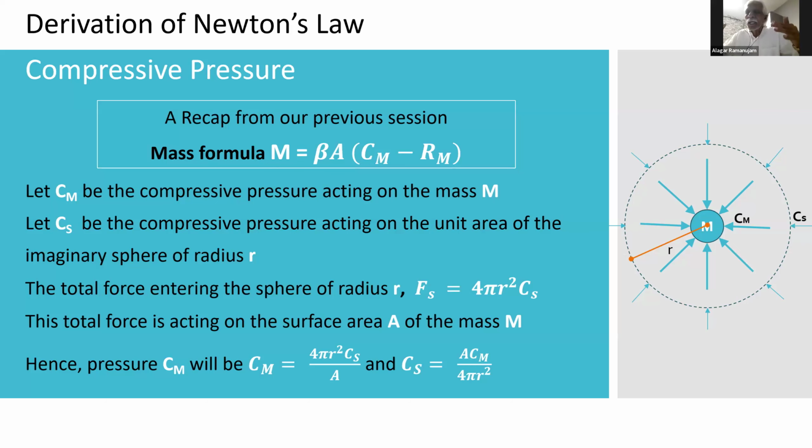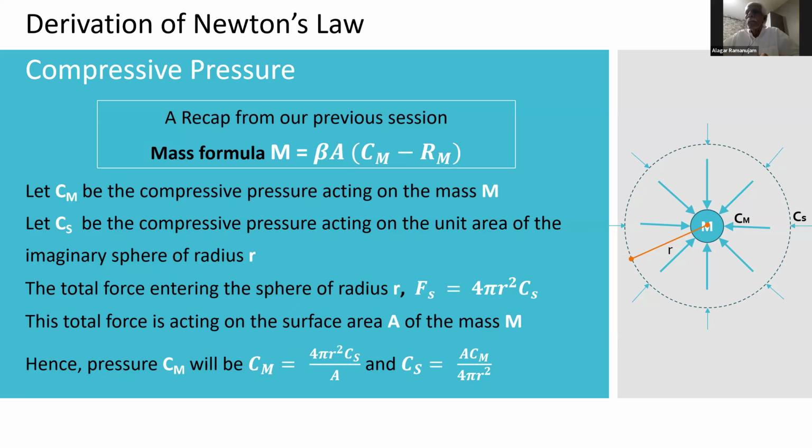C means compressive pressure, and m denotes that it is a pressure on the mass m. So Cm is the compressive pressure due to space on the surface of the mass m.